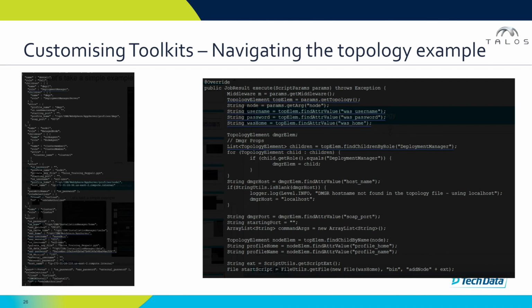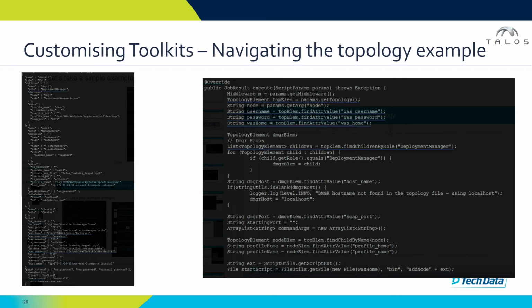Now, if we do a list, a top LM, find children by role deployment manager, it will get every child which has the role type deployment manager and return that as a list of topology elements.